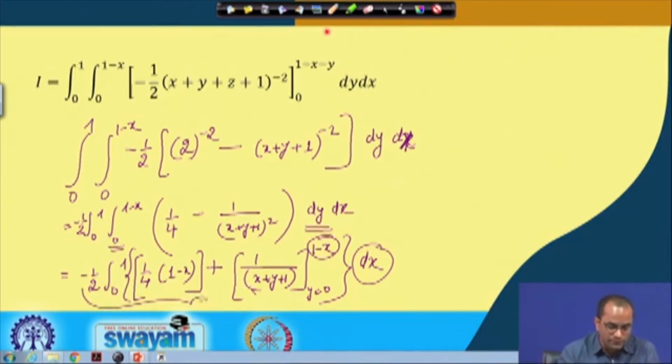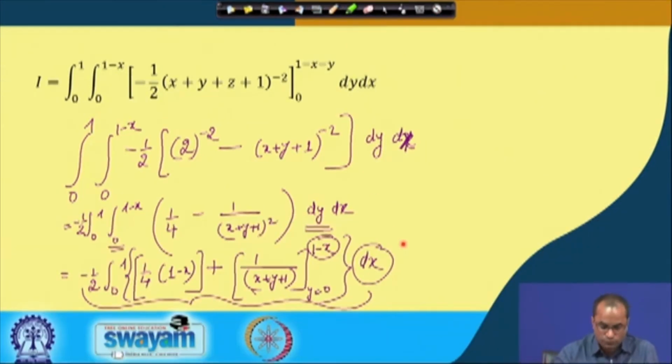So, this evaluation is again simple with respect to x. We can do that, and the answer to this calculation will be 1 by 2 the log with base e naturally here 2, which will be coming out of this integral here, and the rest here the 5 by 8.